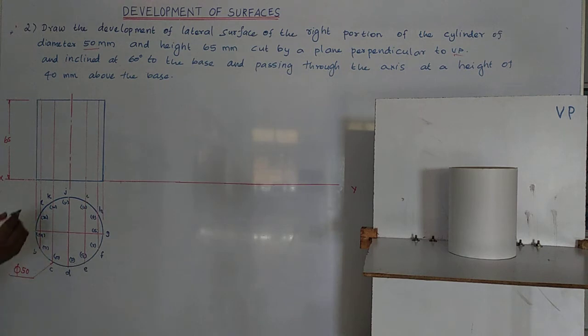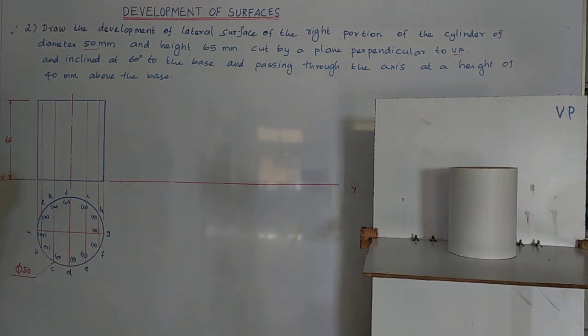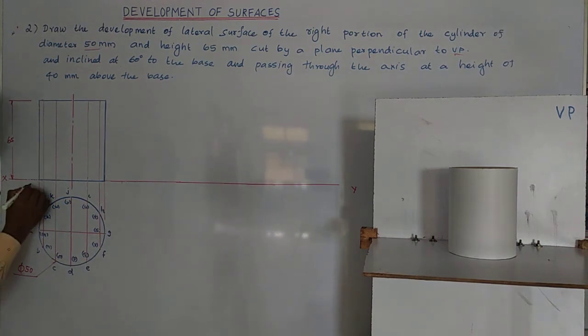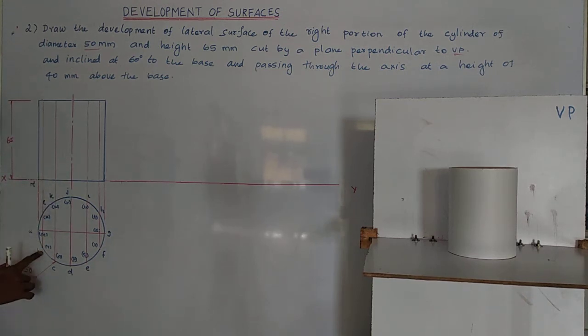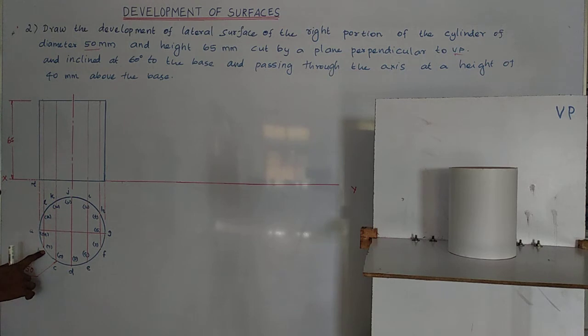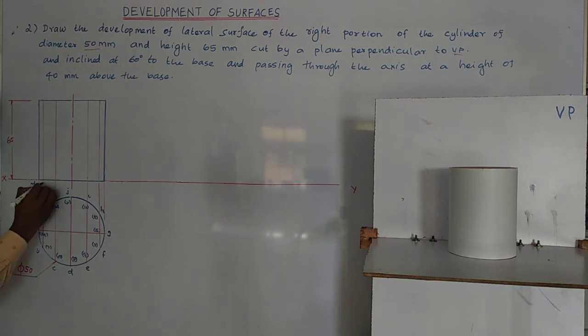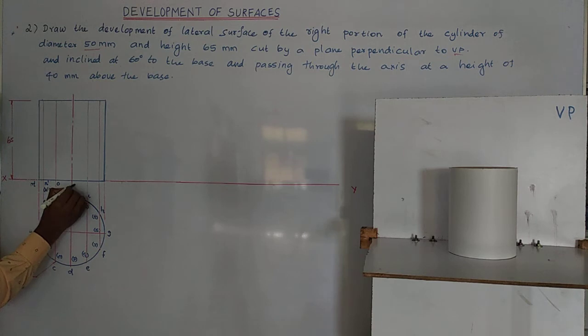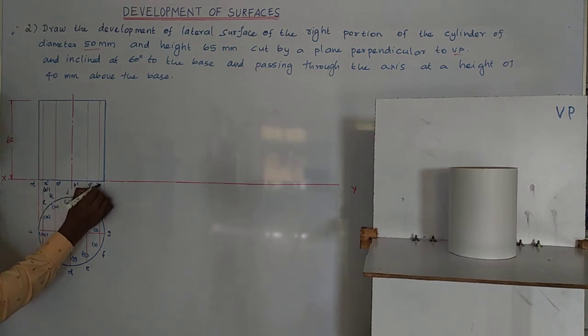So here the points are, here only one point which is M dash. Here we have 2 points, one is N and another one is X. N dash, X dash is hidden. M, N, O, P dash, Q dash, R dash and S dash.